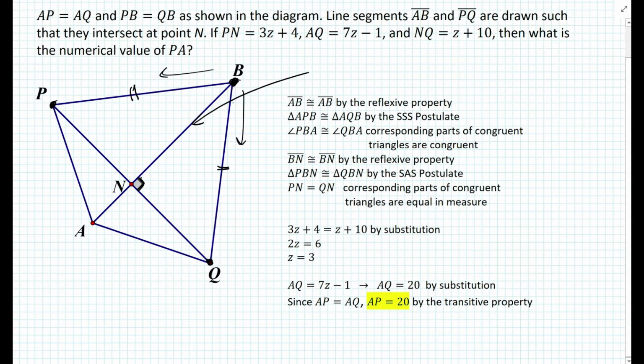So let me write this in here. Which means that segment AB is not only perpendicular here at point N, but it bisects that segment into two congruent segments. So there's a theorem that we can introduce into this lesson.